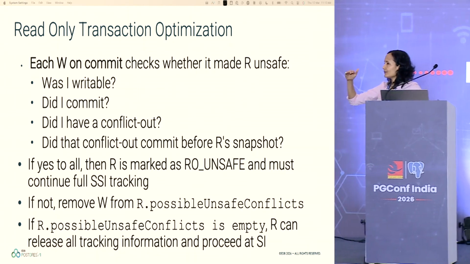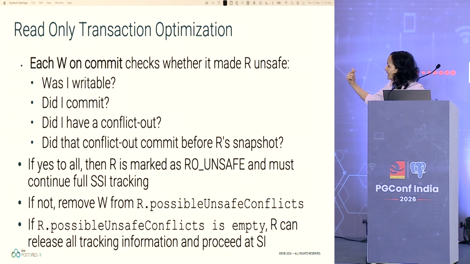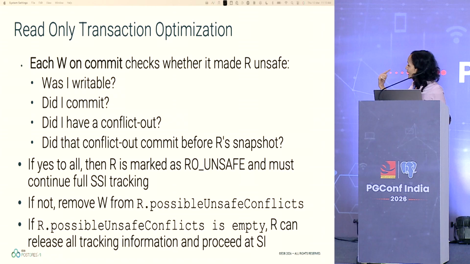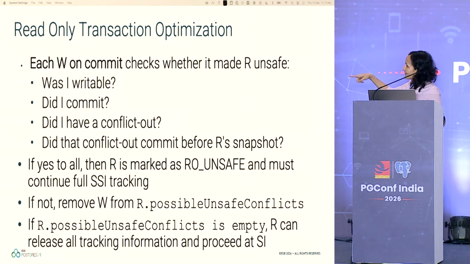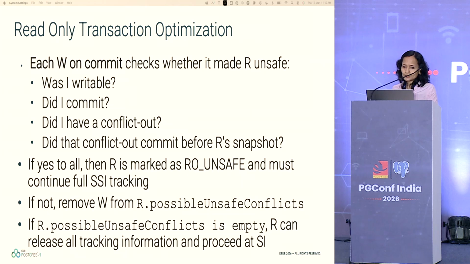Basically we are seeing if the read-only transaction has a conflict out to this transaction, which in turn has a conflict out, and did that conflict out commit before R took its snapshot. So if none of these is true, we remove W from the list of R's possible unsafe conflicts, and when it is empty, R can stop taking SI read locks and proceed as a normal transaction at SI.